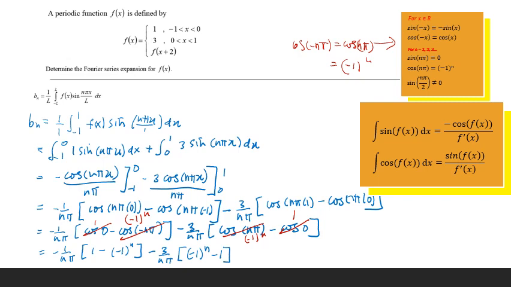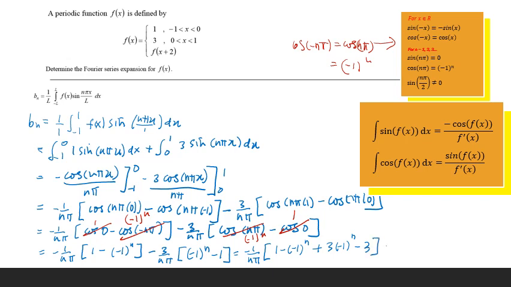Now factorize all the values here. We factorize in terms of -1 over n pi. So we will get 1 minus -1 power n, plus 3 times -1 power n, minus 3.